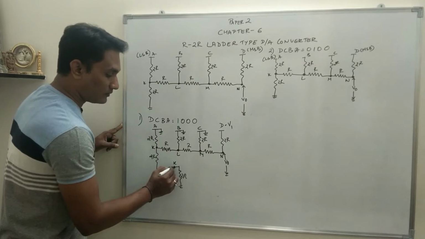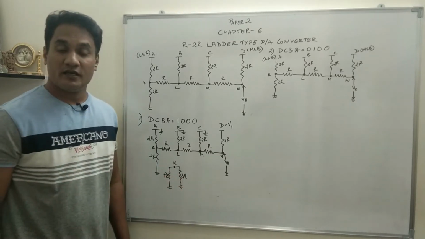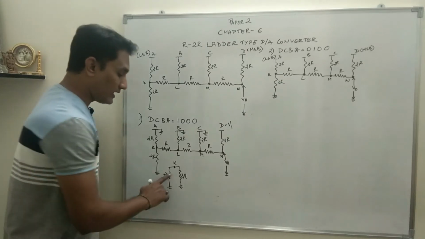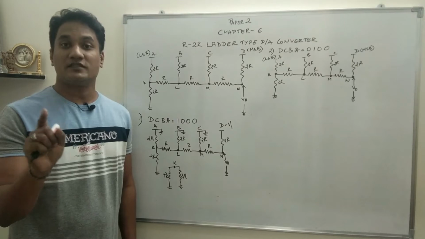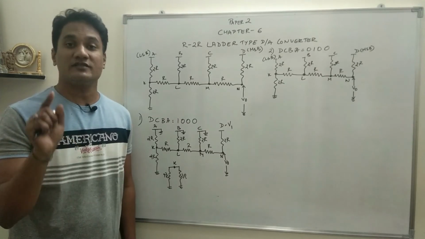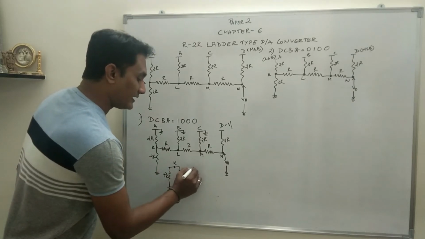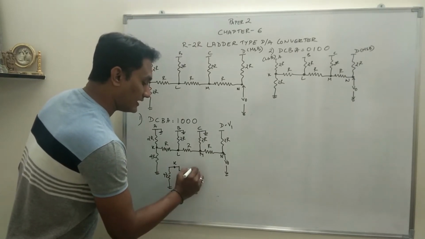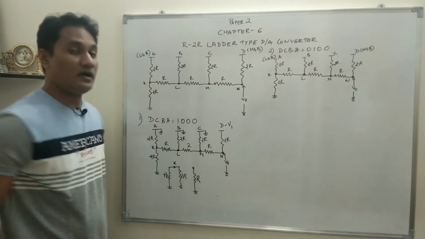So from point K to ground, you now have two resistances in parallel. Both have the same value, 2R. As I said, if two resistances of the same value come in parallel, the value becomes half. That means between point K and ground, there will be only one resistance of value R.